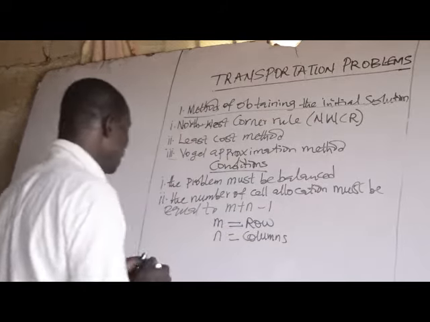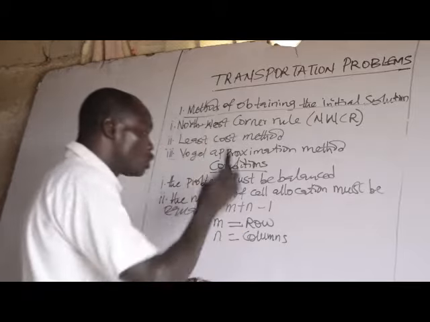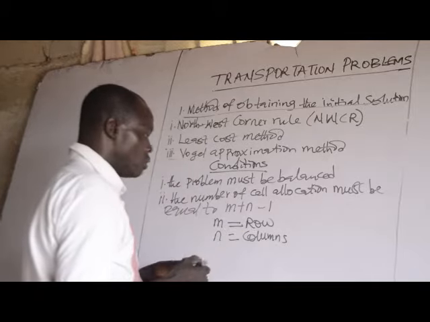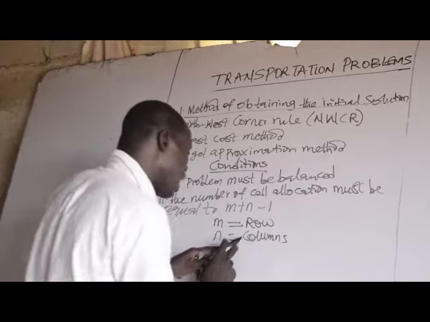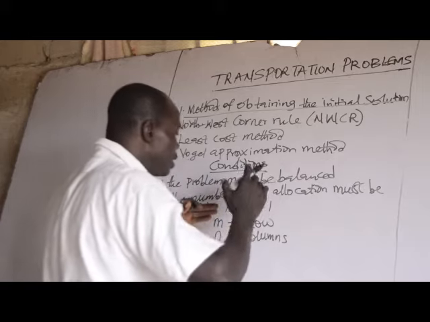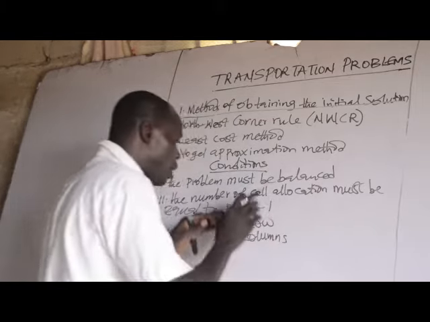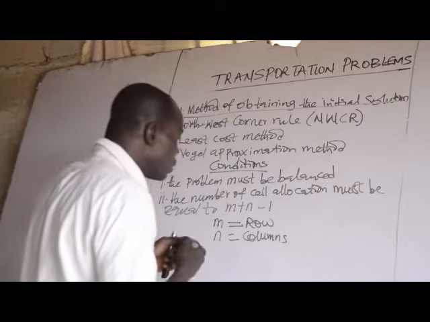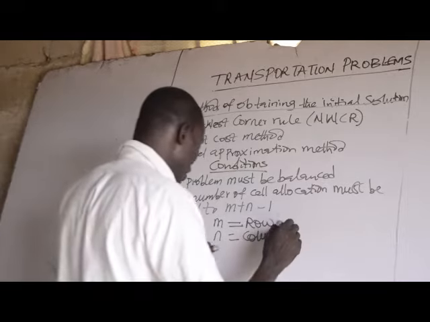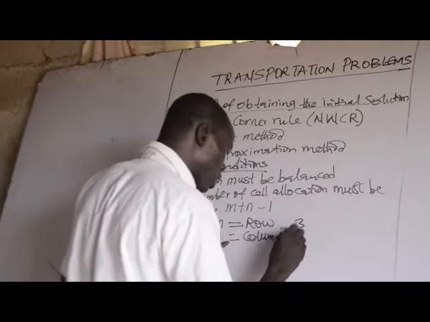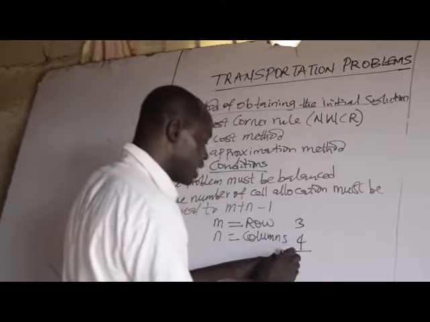That is, the number of cells you are going to allocate to must be, if you sum up the rows and columns, maybe you have 3 rows and 4 columns. If you sum it up, that is 7.